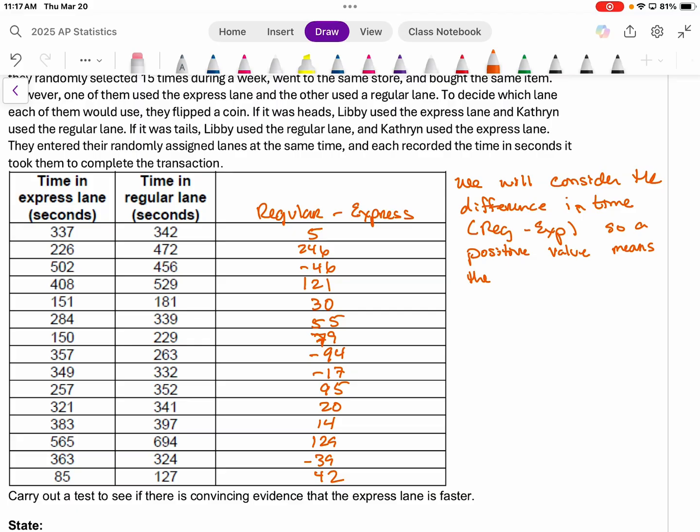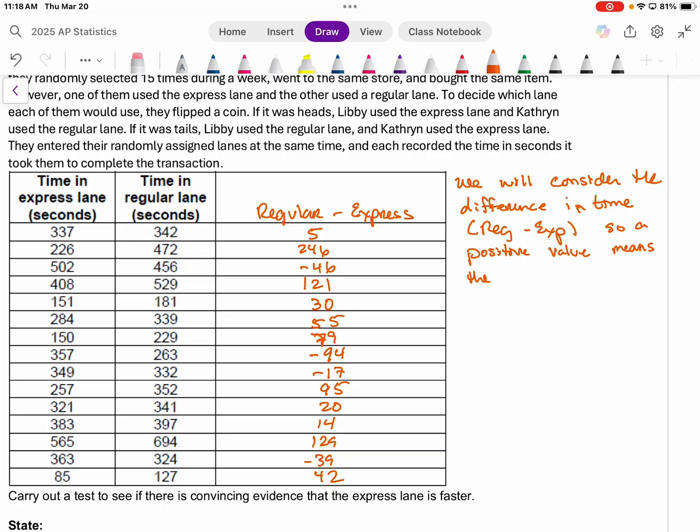So what does a positive value mean? If I'm doing regular minus express, a positive value would mean that the regular is faster, correct? Or vice versa.